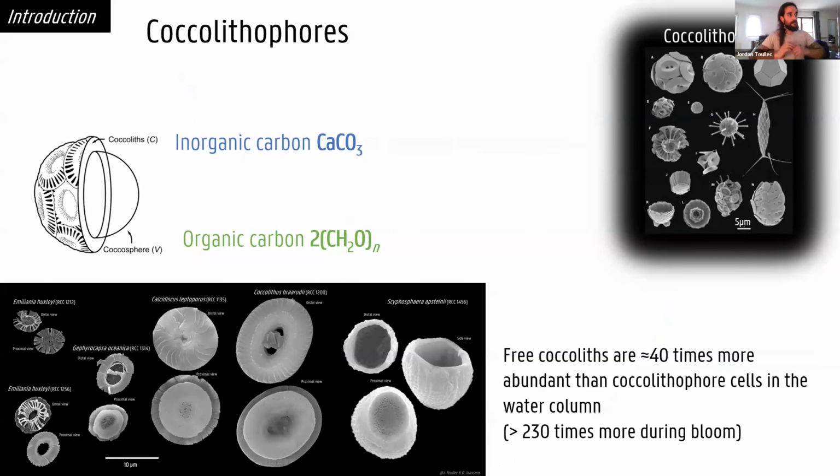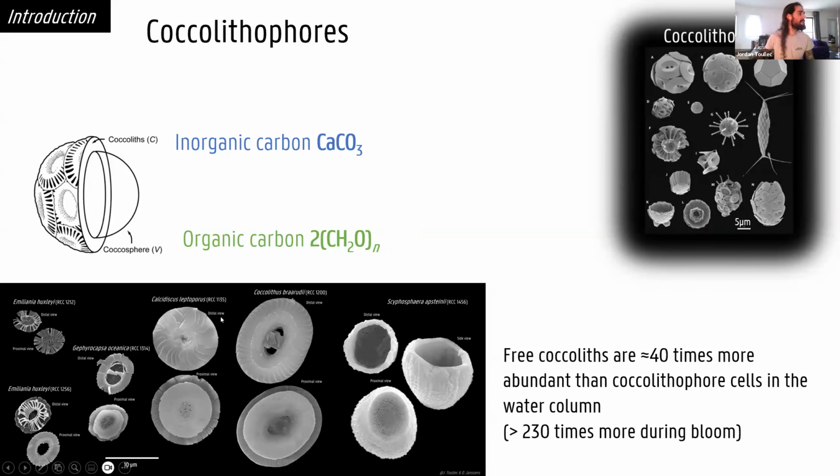The interesting aspect of those algae is that they are composed of both inorganic carbon, so the calcite, and organic carbon, which is composed of cells, so all the nucleus, cytoplasm, and different carbon pools. Basically, the inorganic carbon composed of calcium carbonate are commonly called coccoliths, and those coccoliths are like tiny shells all around the cell.